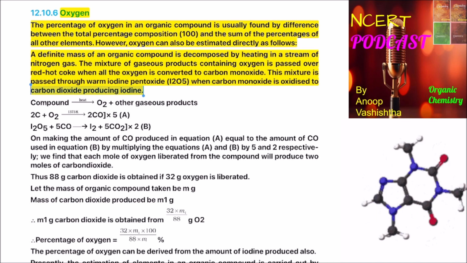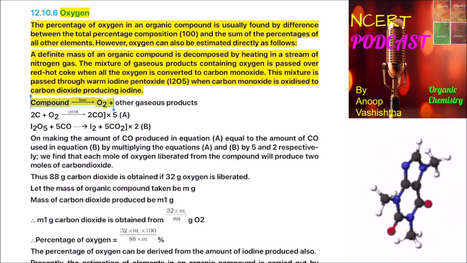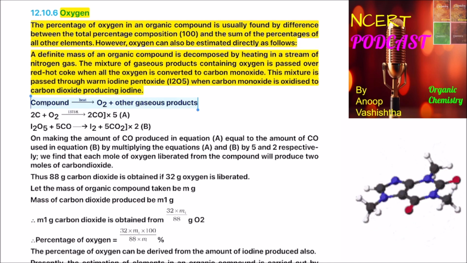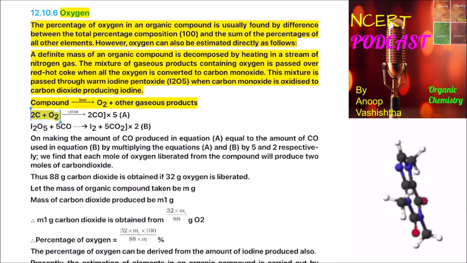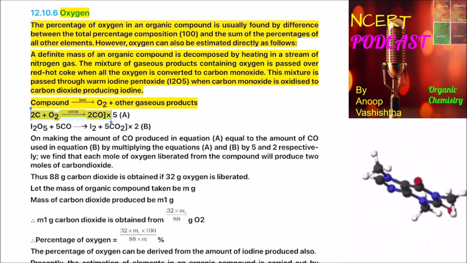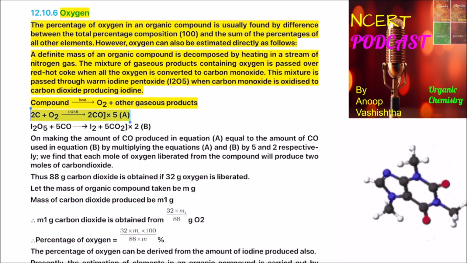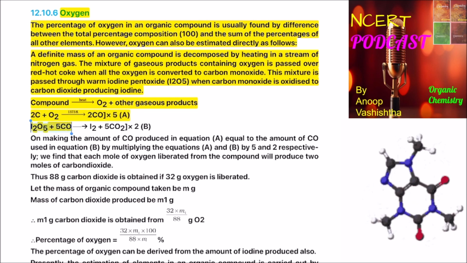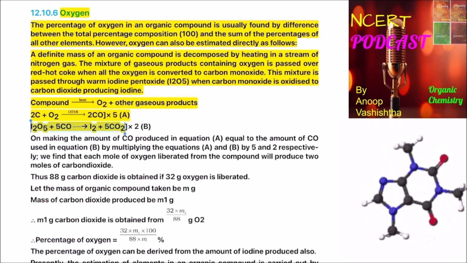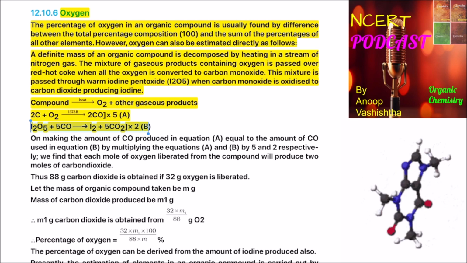Compound, heat, gives O2 plus other gaseous products. Equation A: 2C plus O2 at 1373 Kelvin gives 2CO, multiplied by 5. Equation B: I2O5 plus 5CO gives I2 plus 5CO2, multiplied by 2.